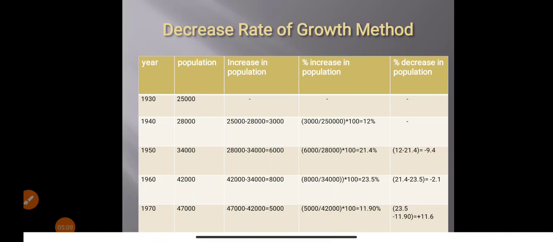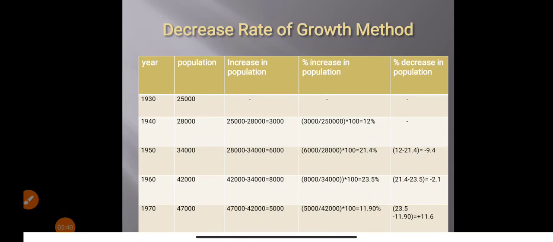And from 1940 to 1950, for one decade, what will be the population increase? That means 34,000 minus 28,000, that gives the value of 6,000. In 1960, 42,000 is the population, and the increase is 42,000 minus 34,000, that gives 8,000.